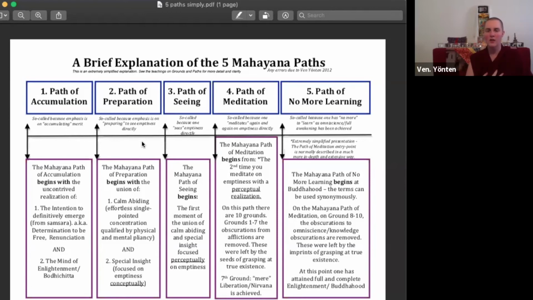So it's a cognitive shift, for a lack of a better word, but it's really a point where you shift from being able to have single-pointed concentration and analysis together on emptiness, and then that becomes strong enough that you see emptiness. When you see emptiness directly, then you need to repeat that.